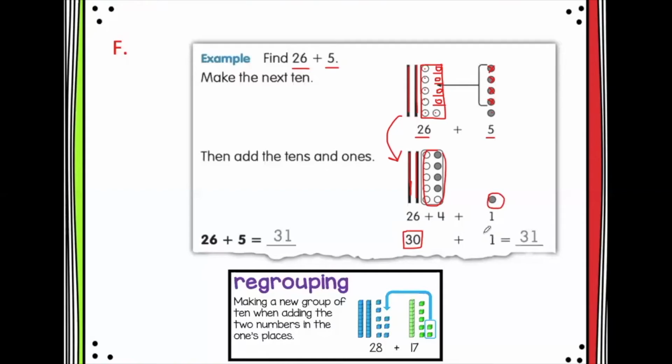So 30 plus 1 equals 31. So that is using regrouping as our strategy to find 26 plus 5. We borrowed from one of our numbers to make a group of 10. We regrouped to make a full 10 to help us count.